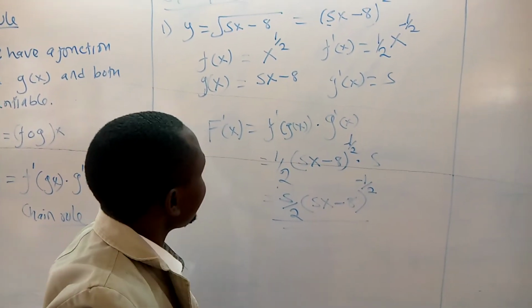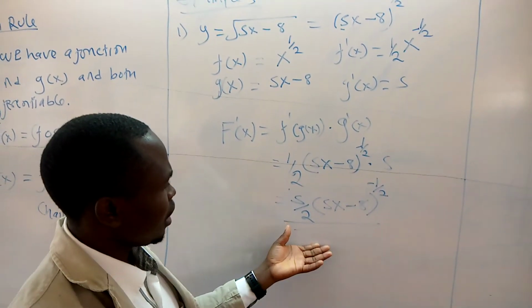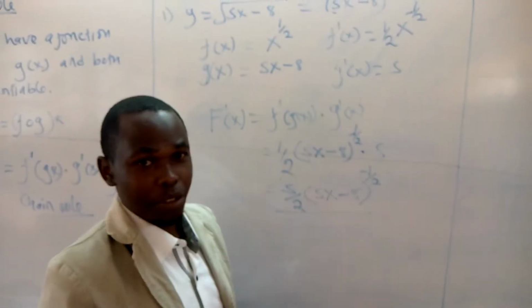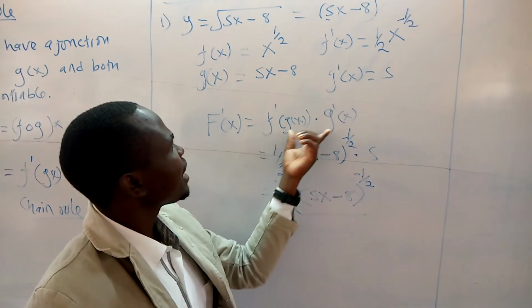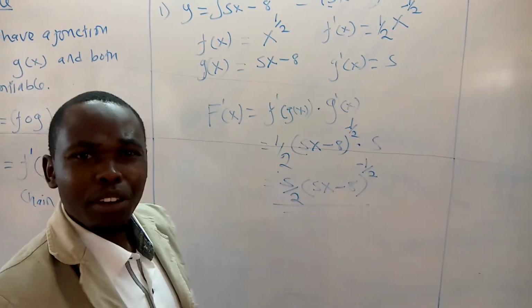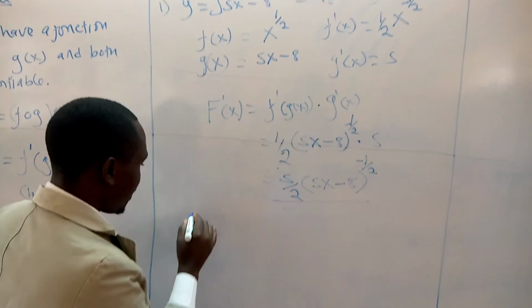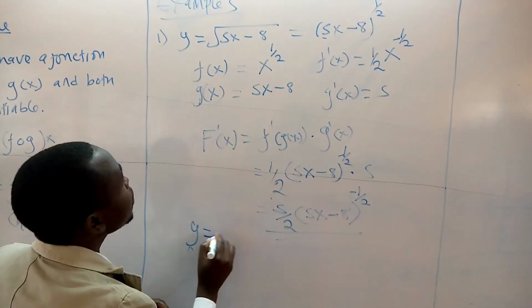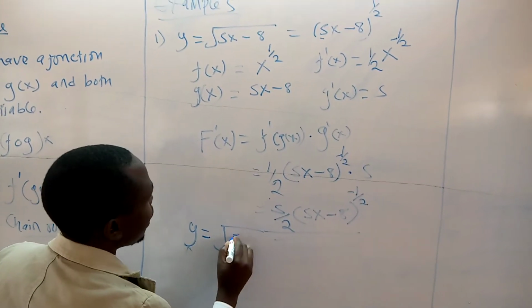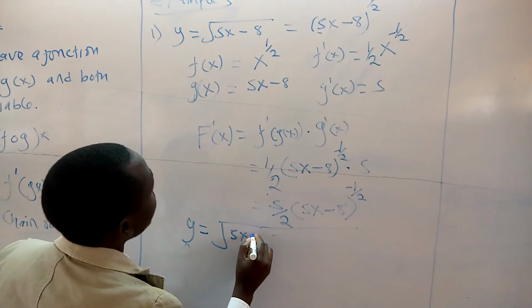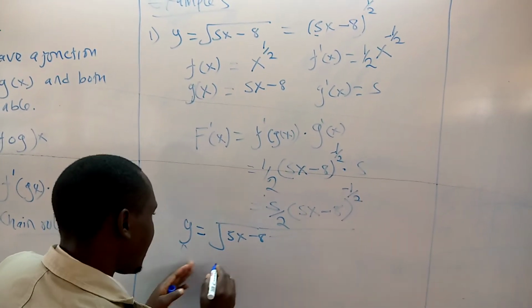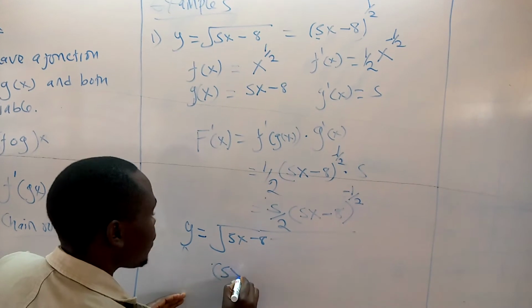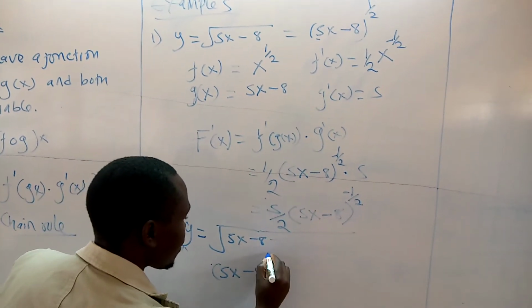Another way to solve this, with no need of using this formula, is the easiest way. We know our equation is y equal to the square root of 5x minus 8, which is the same as 5x minus 8 raised to a half.